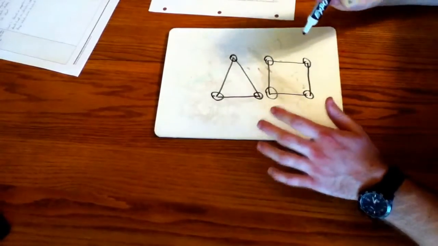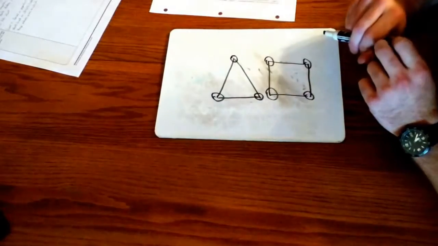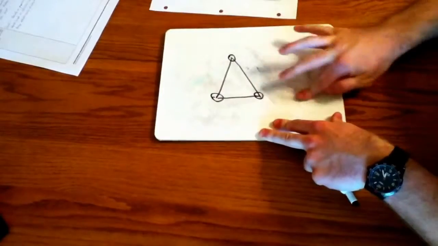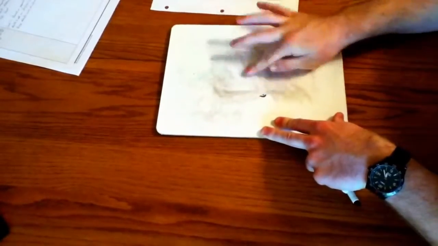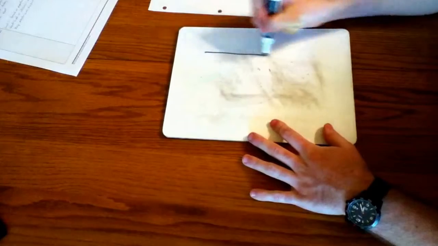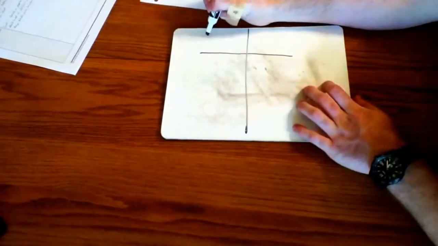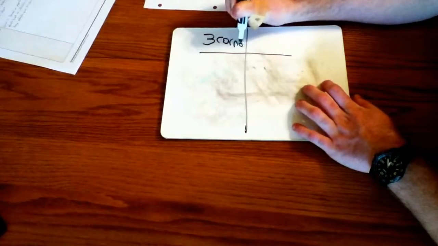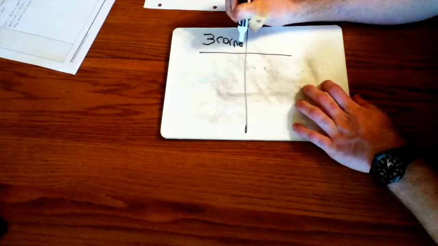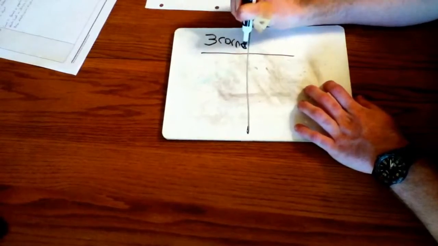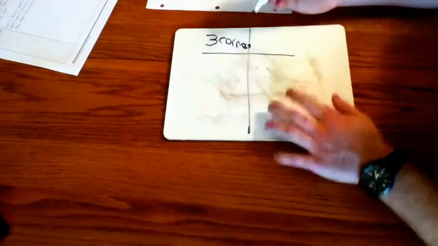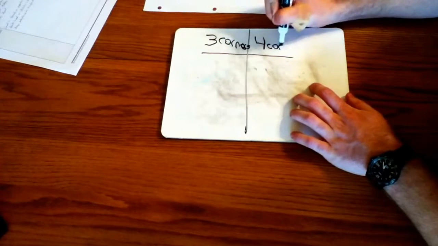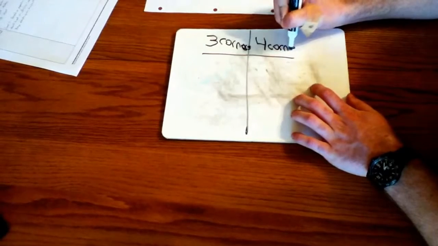An activity that you could do in this level, in level 1, is you could have a giant T-chart in the room, and on one side you could have 3 corners, and on this side you can have 4 corners.